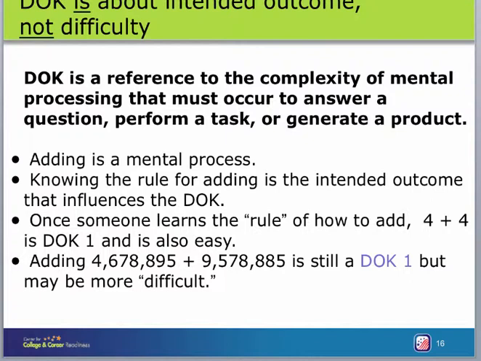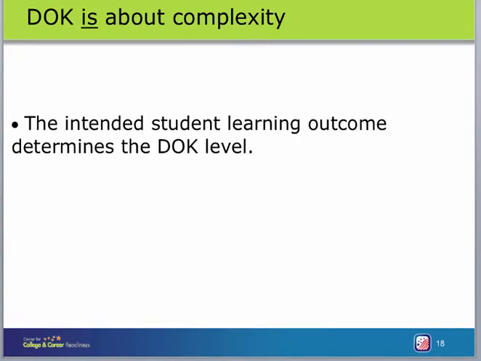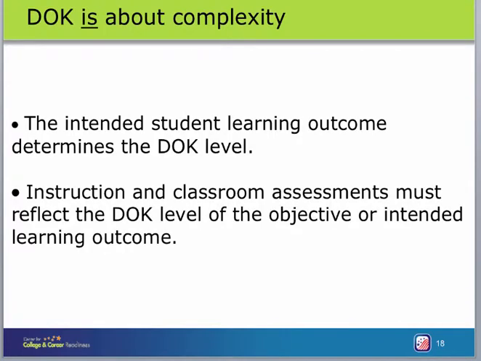And that's where we need to start thinking in terms of the assessments or the material we deliver. What is the complexity of what we're asking? So depth of knowledge is about complexity. What we really have to make sure of in our material that we are using with students is that our intended student learning outcome is really what helps us demonstrate the depth of knowledge level.